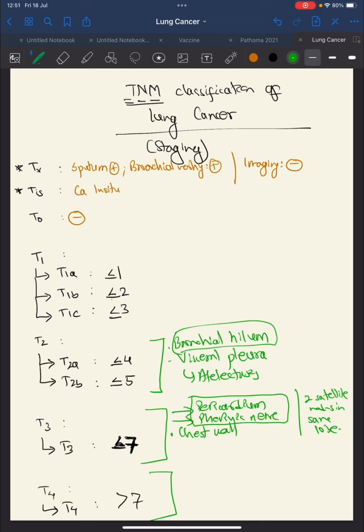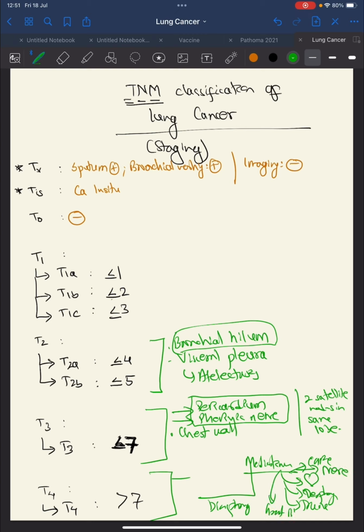It will involve so many things, with invasion of the mediastinum and the diaphragm, and their organs like the heart, esophagus, trachea, great blood vessels, and nerves like the recurrent laryngeal nerve, and the carina.